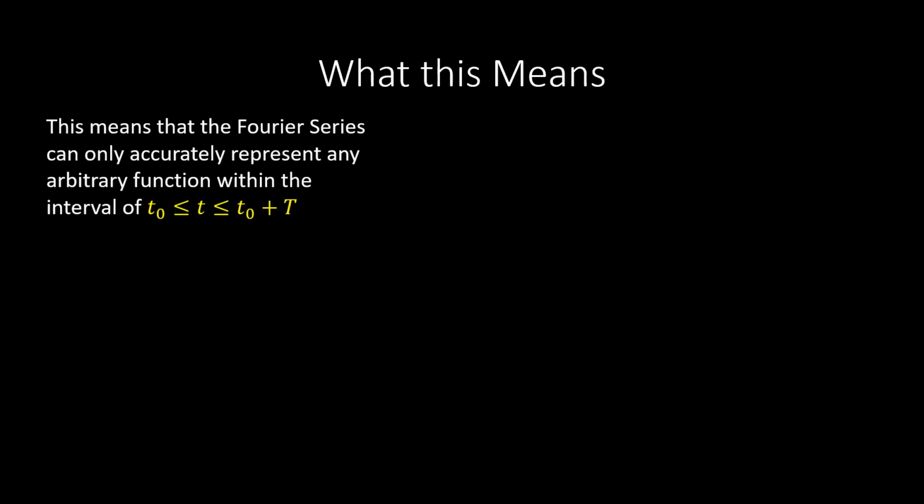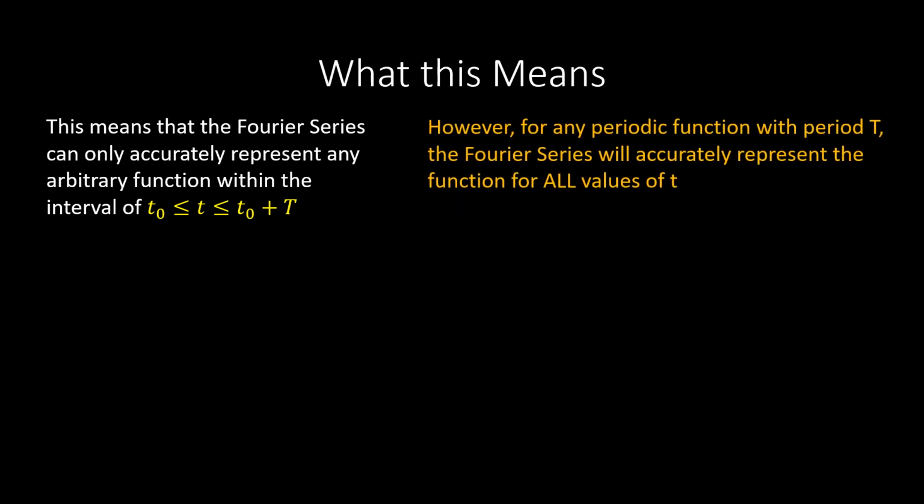So what does this mean? It means that the Fourier series can only accurately represent any arbitrary function within the interval of t0 to t0 plus T. And of course, for periodic functions with period T, the Fourier series will actually accurately represent the entire function for all values of t.